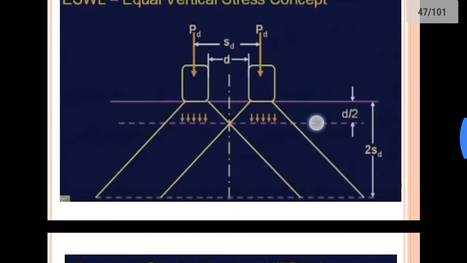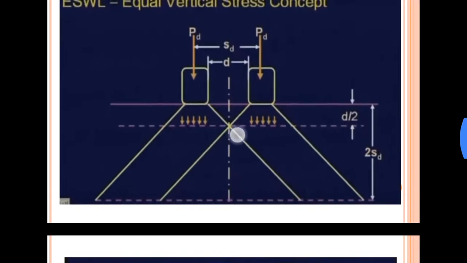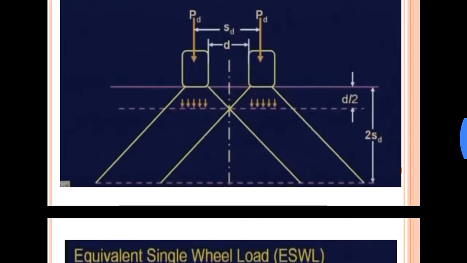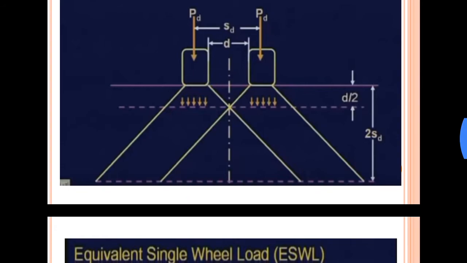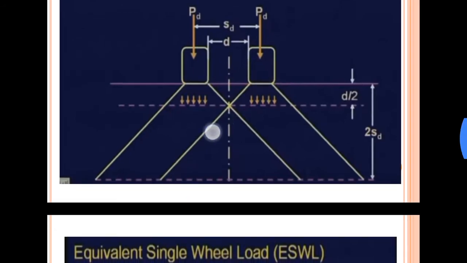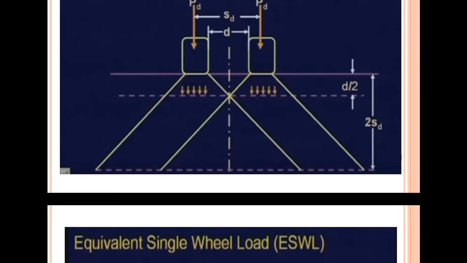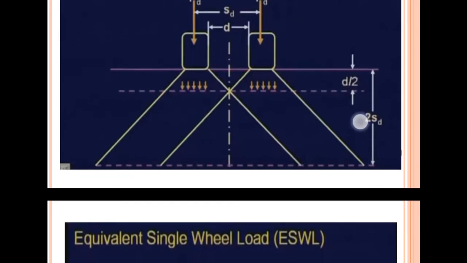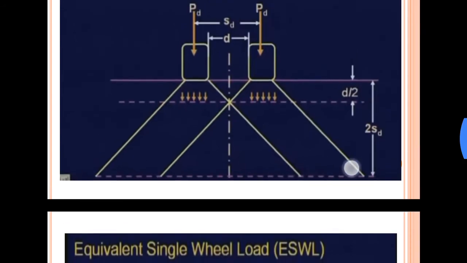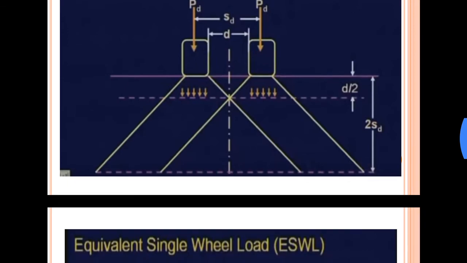Now after this point the forces here start to overlap. The load that is being transferred from this wheel and from this wheel will start to overlap in this section. So according to the concept, up to the depth of 2s the total load that is transferred is nothing but 2p.